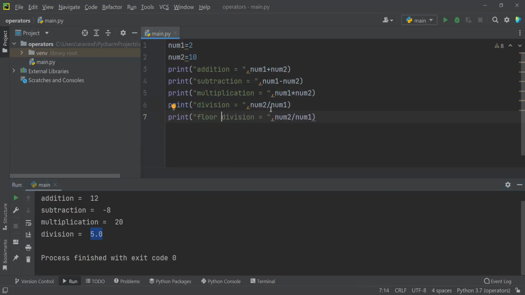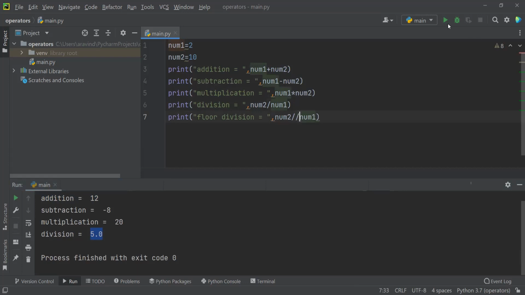In the normal division, when I divide number 2 by number 1, we got the result 5.0, as when we divide 10 by 2, we got 5.0. But I want only the integer value. I want only 5, not 5.0. In that case, you can use floor division. For floor division, we simply put two division operators instead of one.